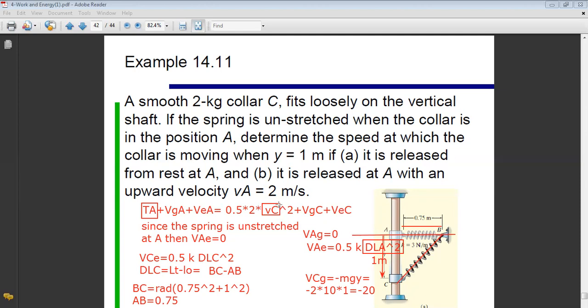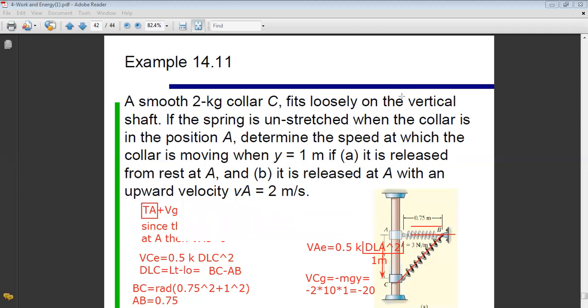Do you think VC will increase or decrease if we release with 2 meters per second instead of a velocity of 0? What will change in the velocity of C if, instead of releasing A from rest, we give an initial velocity?